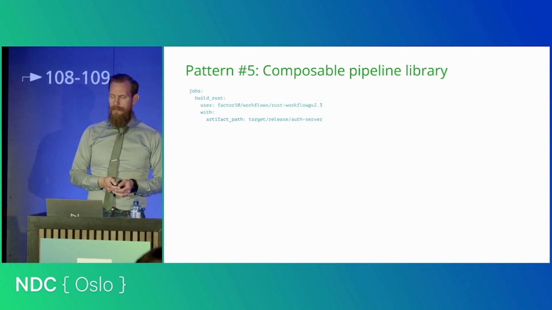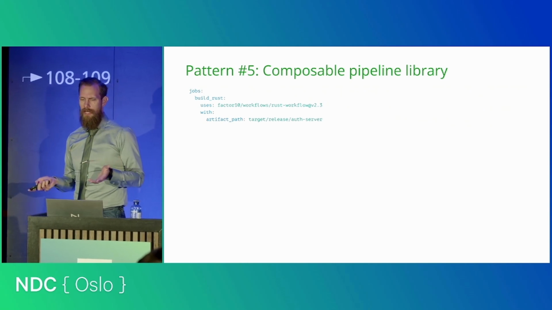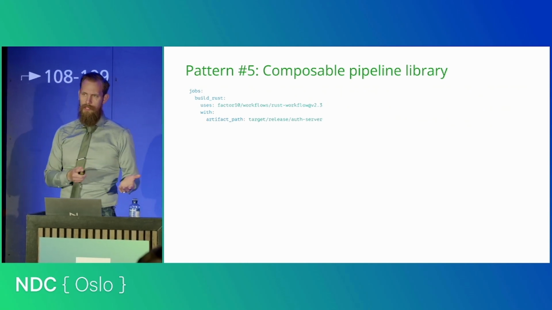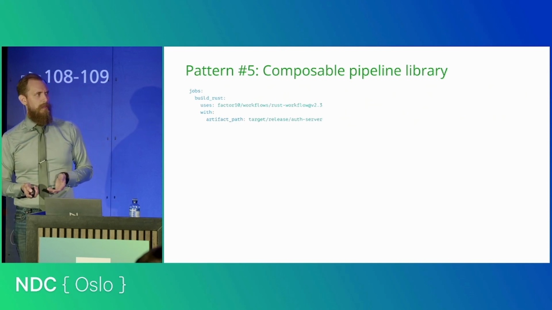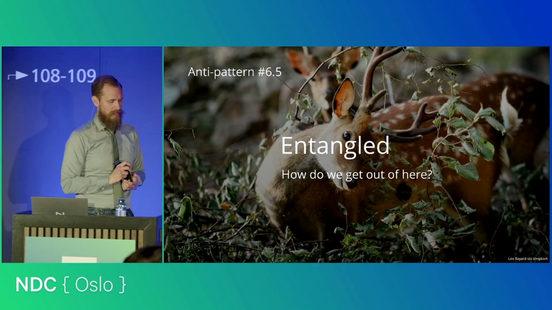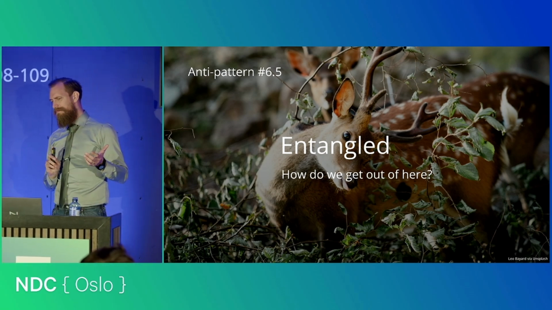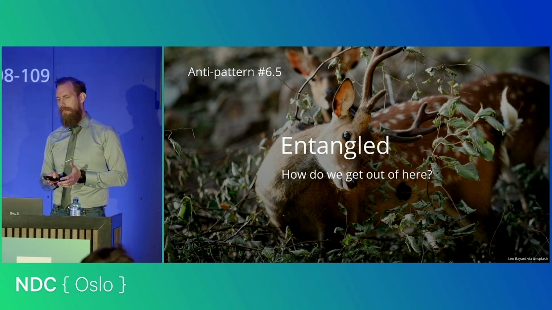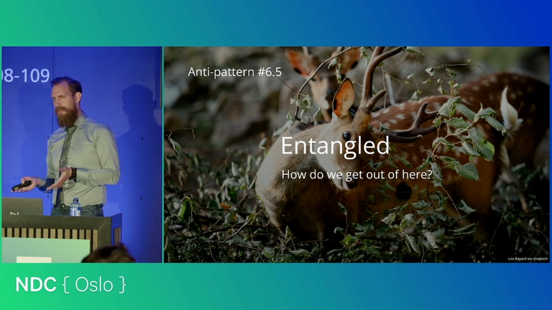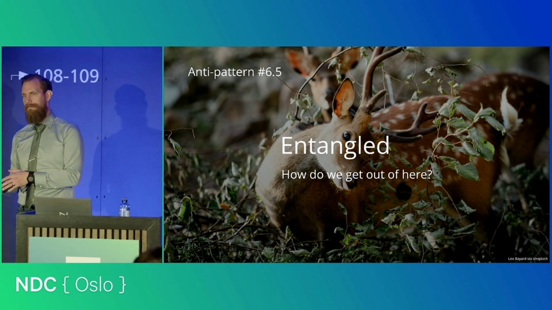And you need to take care here, because even if you end up with 5,000 lines of YAML code instead of Groovy code, it's a problem because now you're entangled. So anti-pattern 6: how do you get out of here? Because chances are in 5, 6, 10 years, you're not going to be using the CI platform you're using today.